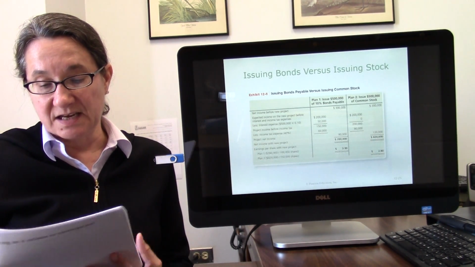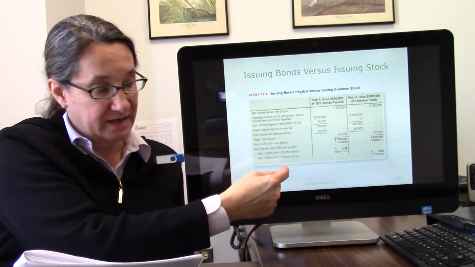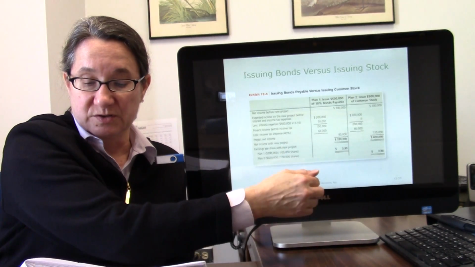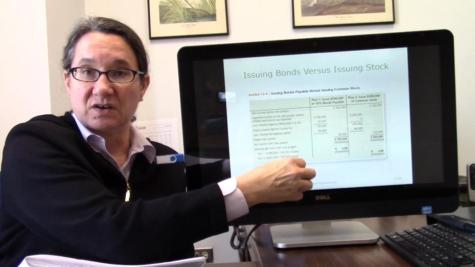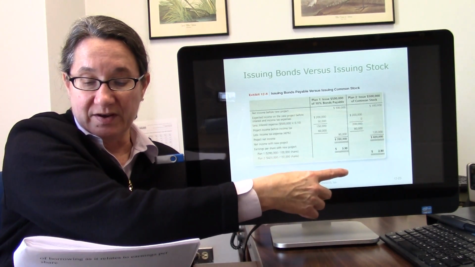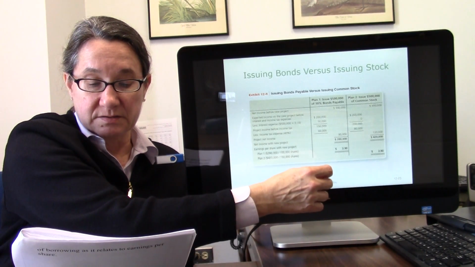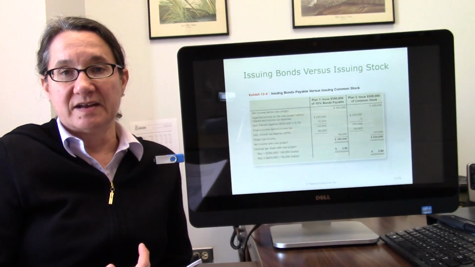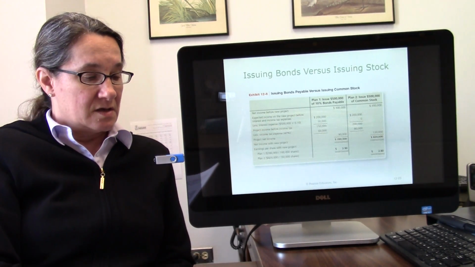As you can see, when you borrow the money, you're going to get $3.90 per share, whereas if you issue stock and dilute the stock ownership, and you don't get the advantage of deductible interest, you're only going to increase your per share earnings by $2.80. So that's a $1.10 difference in earnings because of that leverage idea.